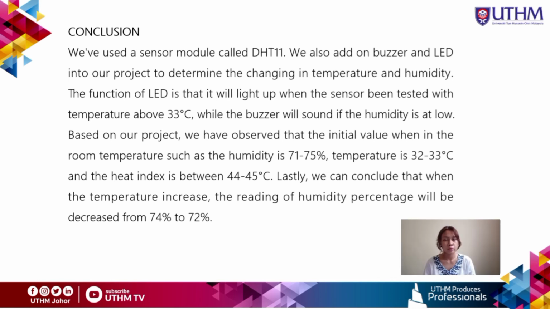So based on our project, we have observed that the initial value in room temperature, such as the humidity, is between 71 to 75%, temperature is between 32 until 33 degrees Celsius, and also heat index between 44 and 45 degrees Celsius. Lastly, we can conclude that when the temperature increases, the reading of humidity percentage will drop from 74% to 72%.